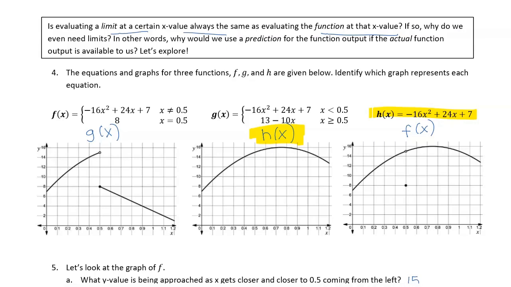The next one we might identify here is g of x. We have two separate functions. We see that in the first part of the function, it is following that same path of h of x. It's that same function until you get to 0.5. And then the second part of this equation is going to be a line.